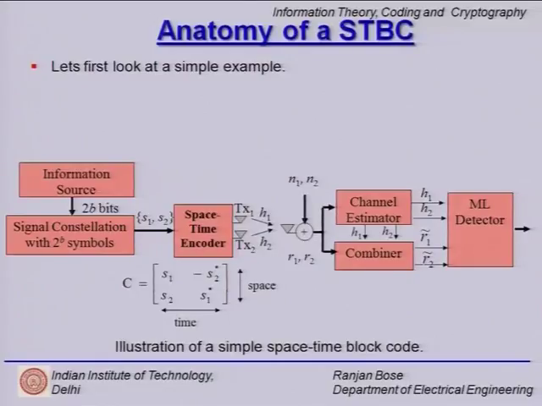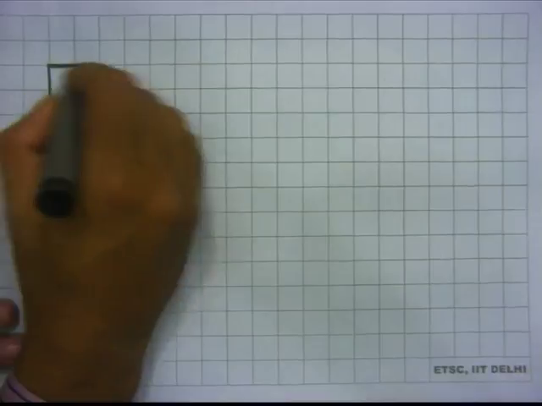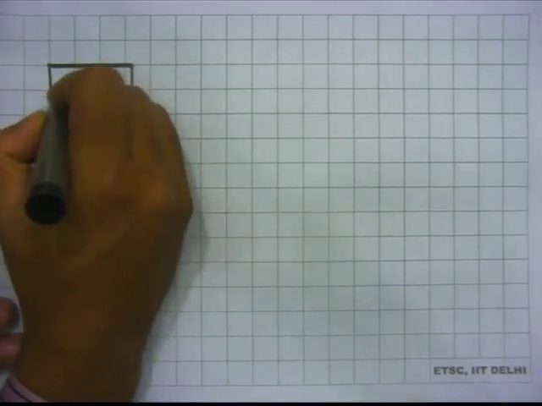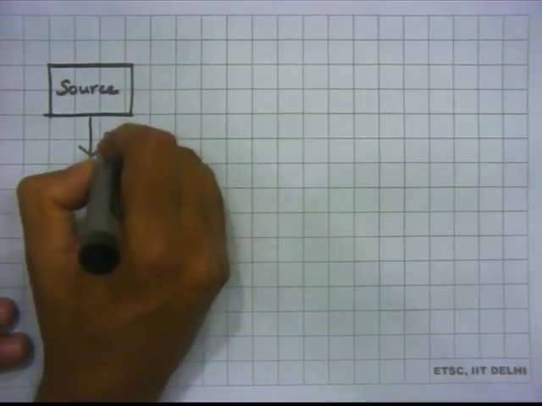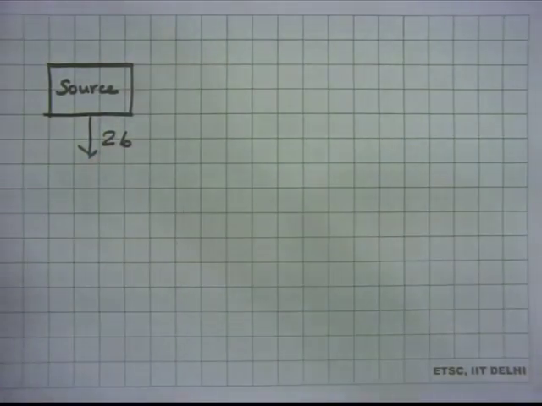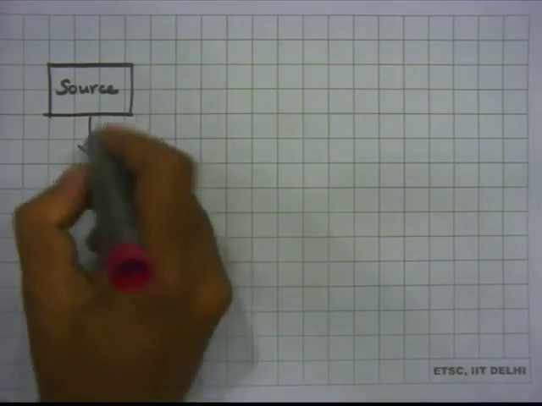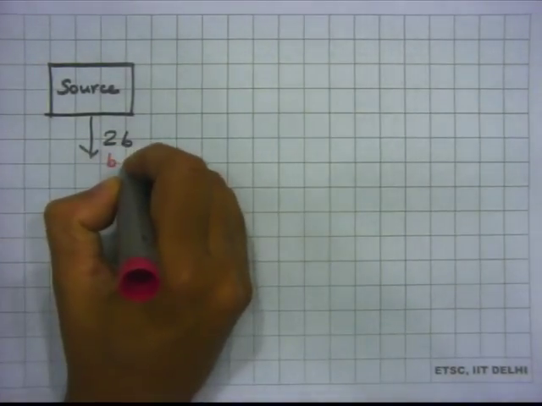So, let us quickly look at it here. So, the source will generate 2B, which is nothing but B and B.